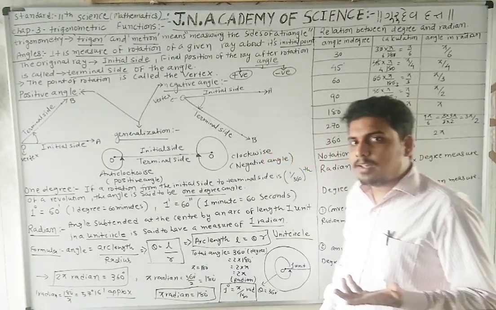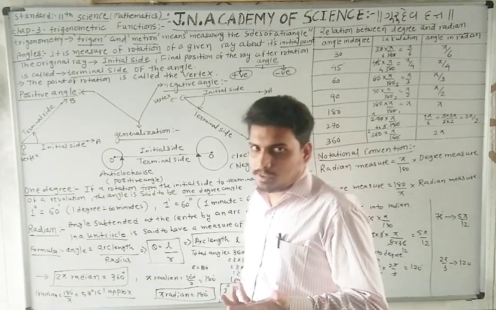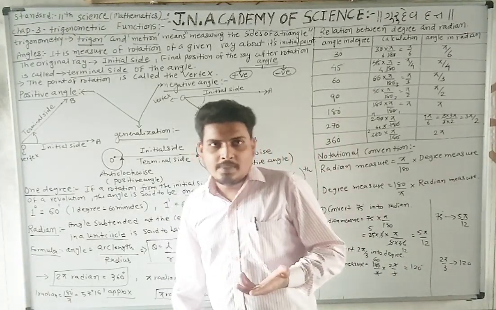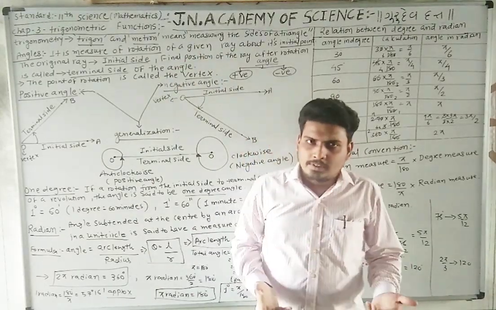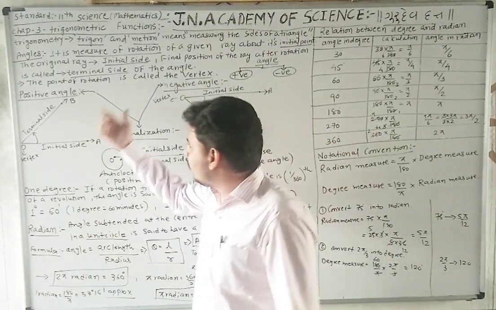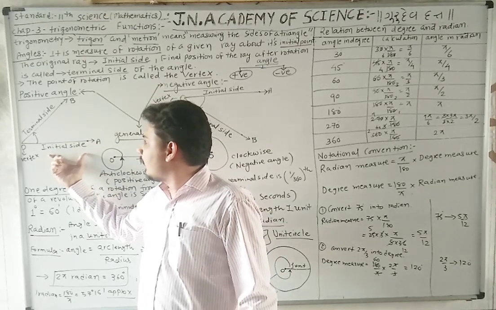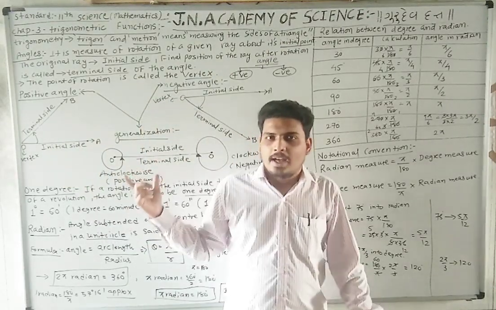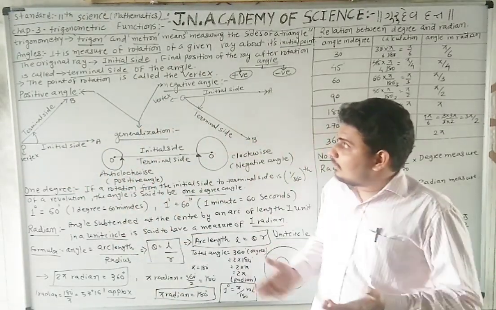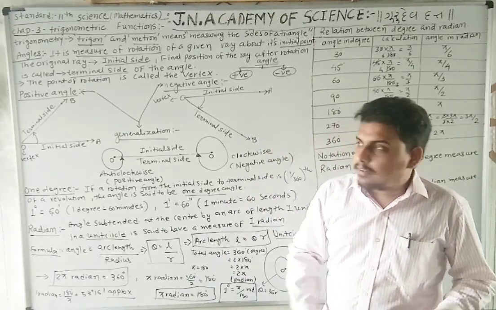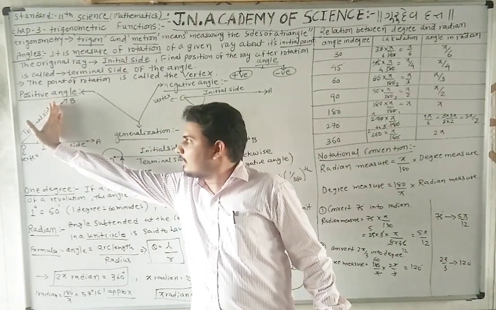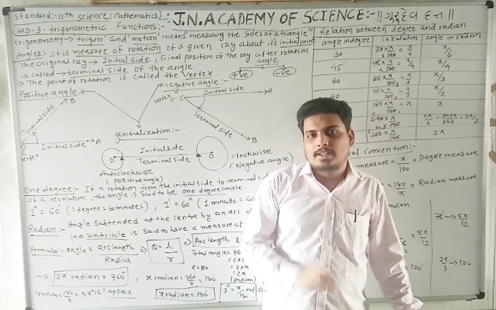An angle is nothing but the measure of rotation of a given ray about its initial position. The initial position represents the initial side, which is the original ray, and the final position of the side is known as the terminal side.